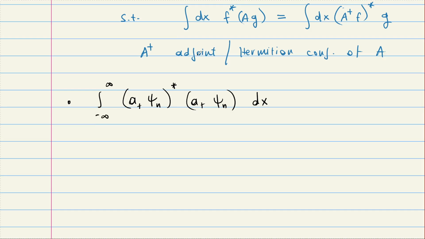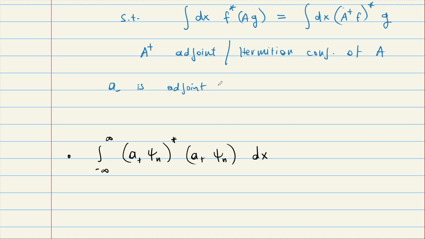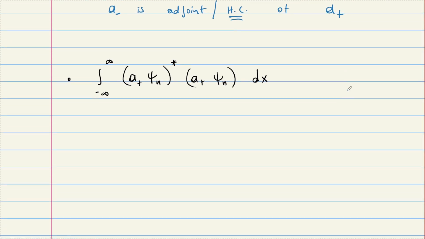By the way, with this new terminology, as an example, A minus is the adjoint or Hermitian conjugate of A plus. Sometimes we write h.c. for Hermitian conjugate. Okay. Yes?